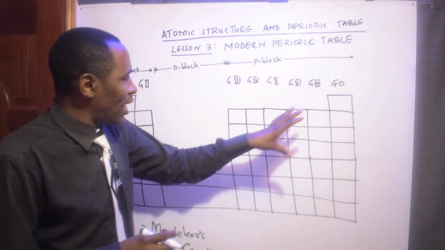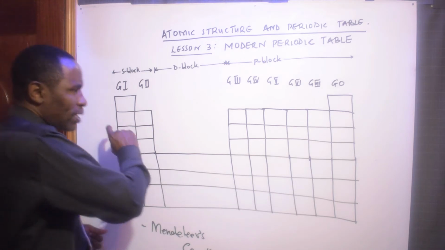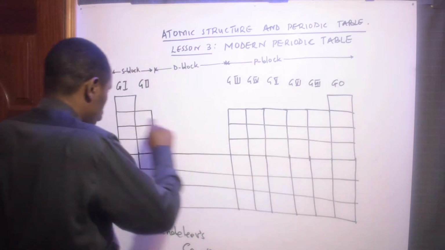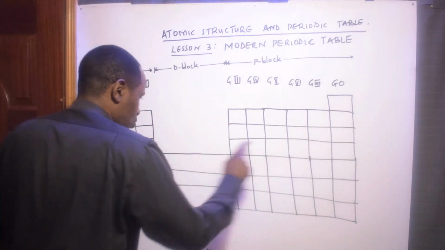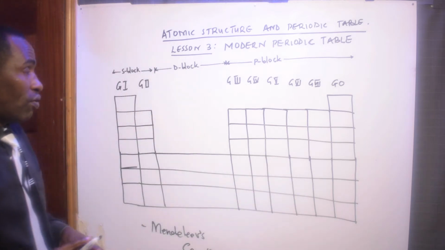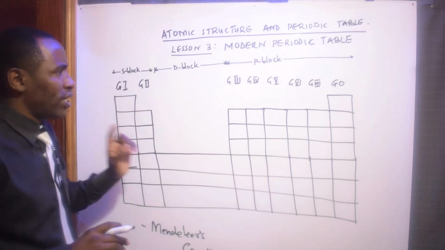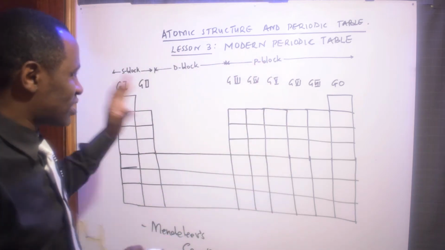Now, the other thing about the periodic table is that it will also have rows. It's going to have horizontal rows. This is the first row, the second row, the third row, the fourth row, and so on and so forth. The modern periodic table has 7 rows, or what we call 7 periods.